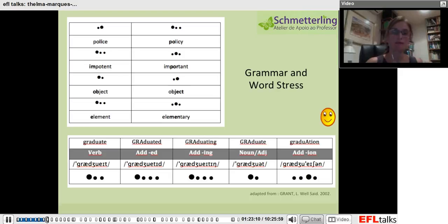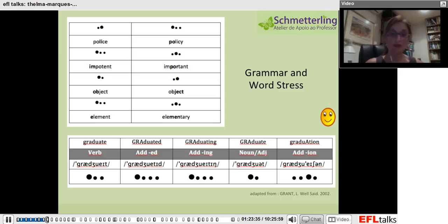For example, police is different from policy. Impotent, important. Object. There are several nouns and verbs that follow that rule in English. Element, elementary.